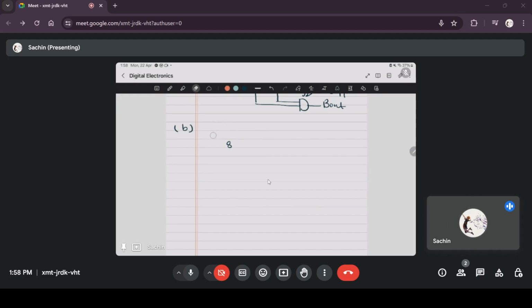So the circuit that does that in binary is the full subtractor circuit, and the truth table of a full subtractor would be as follows.